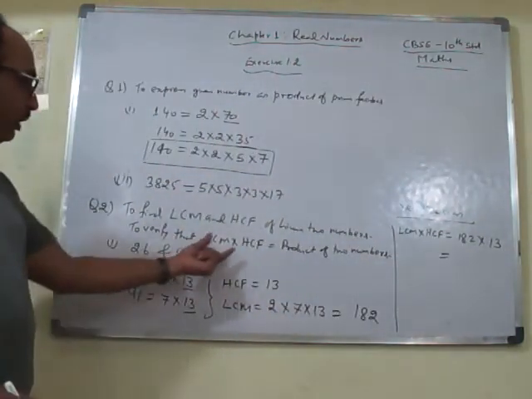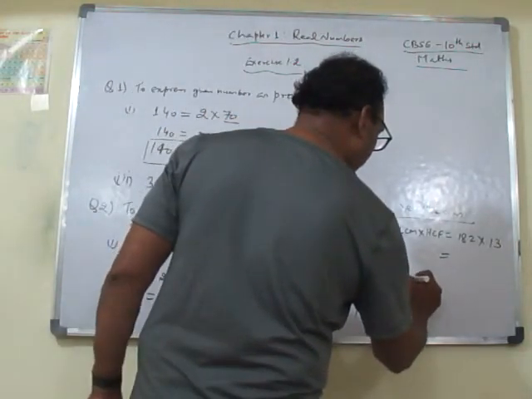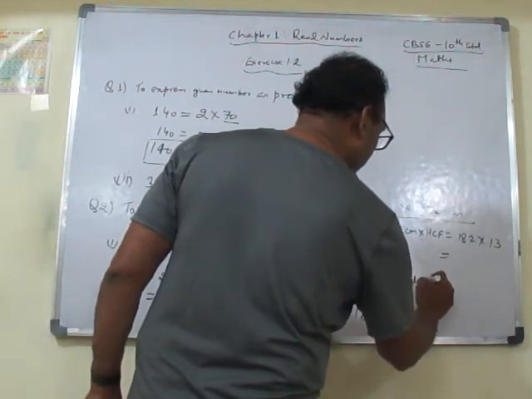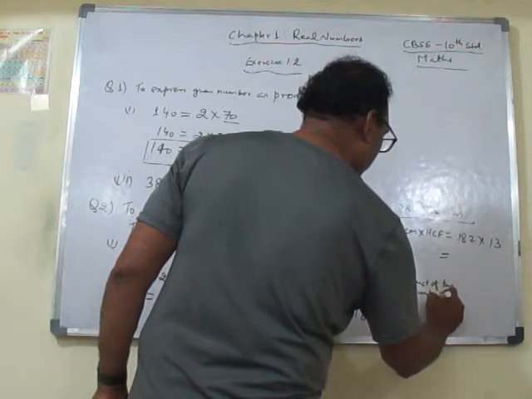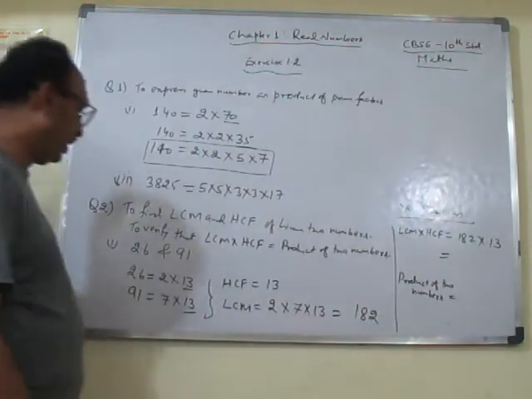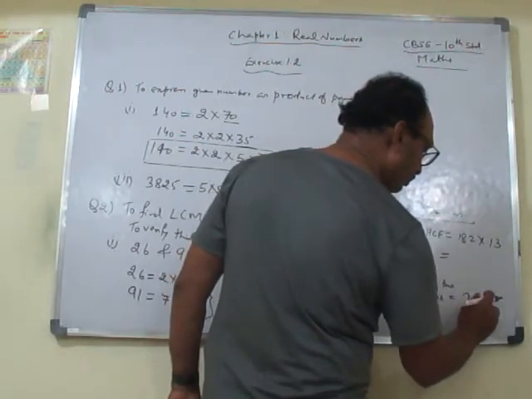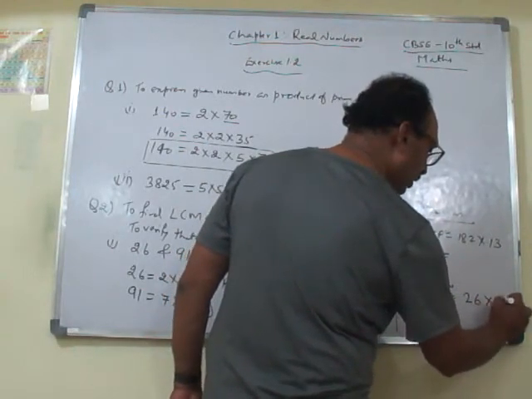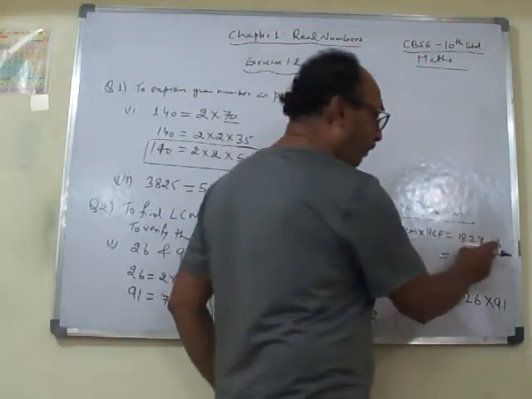Second, we need to find the product of the 2 numbers. The numbers given are 26 into 91. This one we will find.